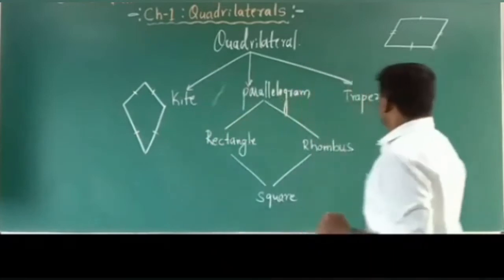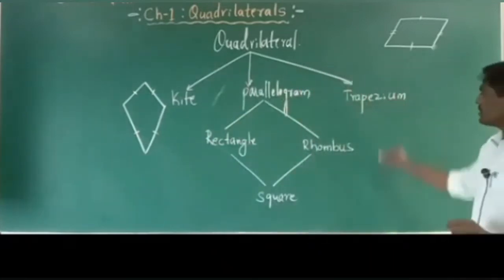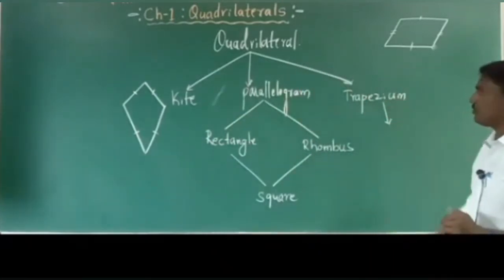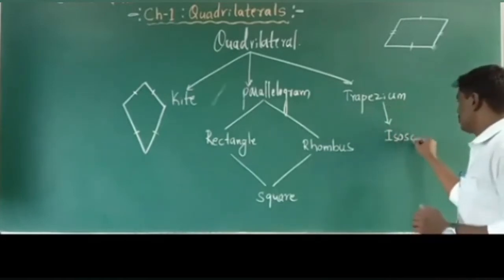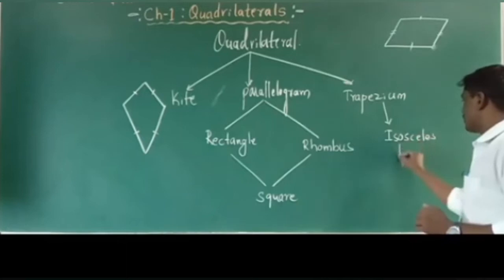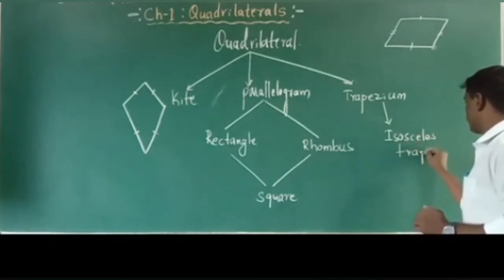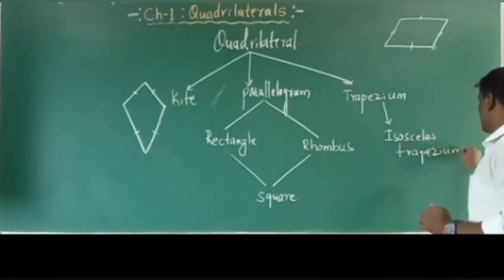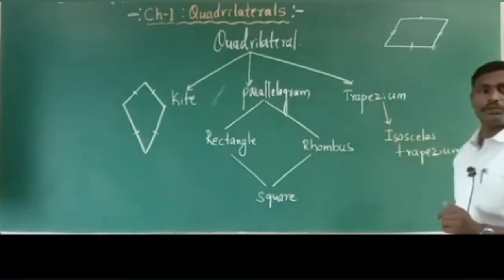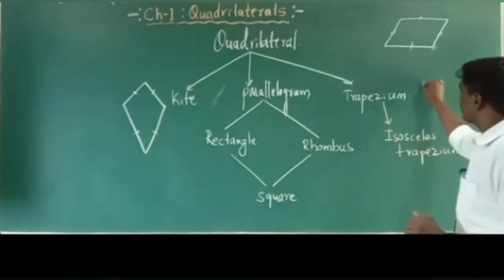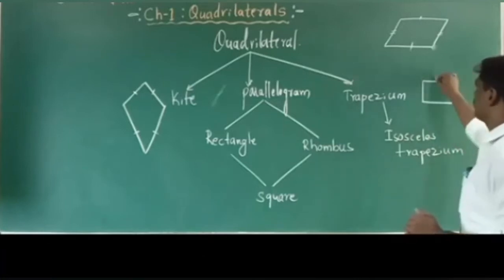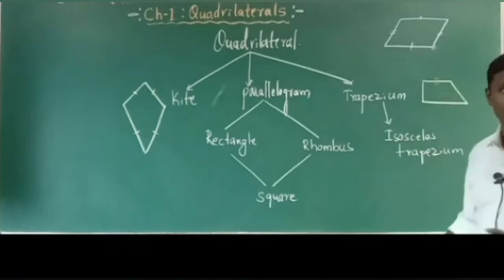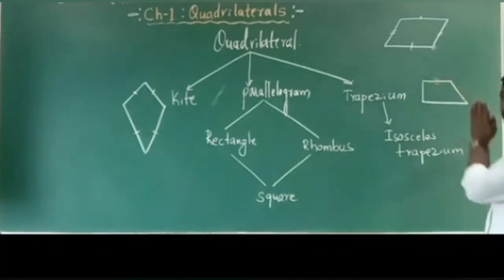Right? Next one, trapezium. This trapezium again we classify as an isosceles trapezium. So trapezium means what? A quadrilateral in which one pair of opposite sides are parallel, but they are not equal. They are just parallel only.